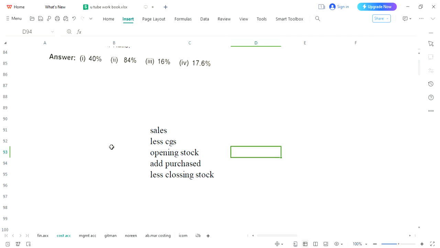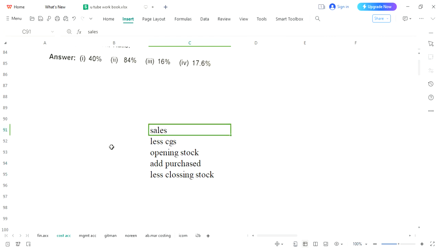In this way, opening stock plus purchases minus closing stock, we will get our cost of goods sold. For sales, as returns are present, we'll have to subtract sales return from sales.